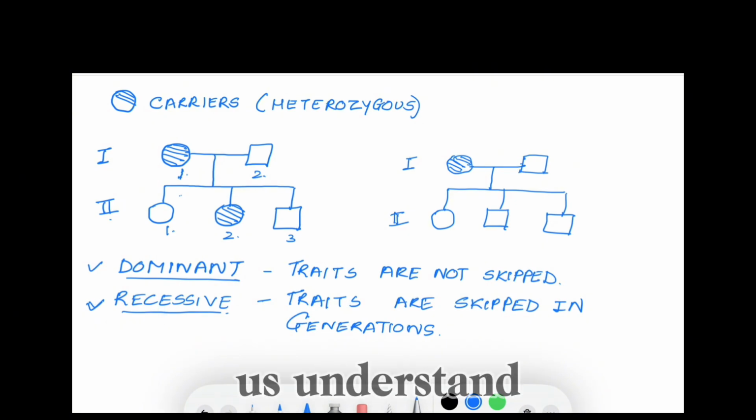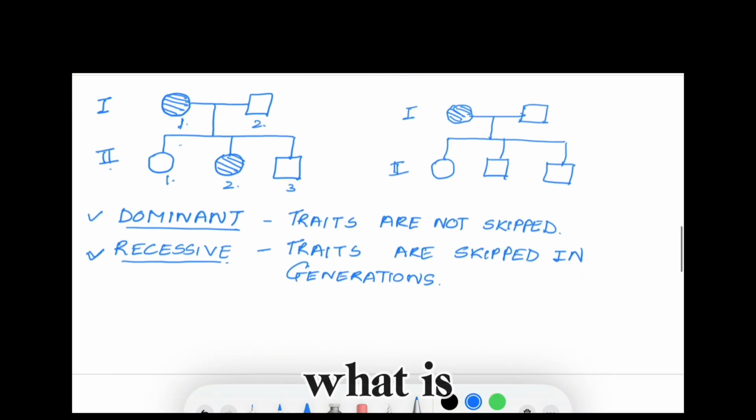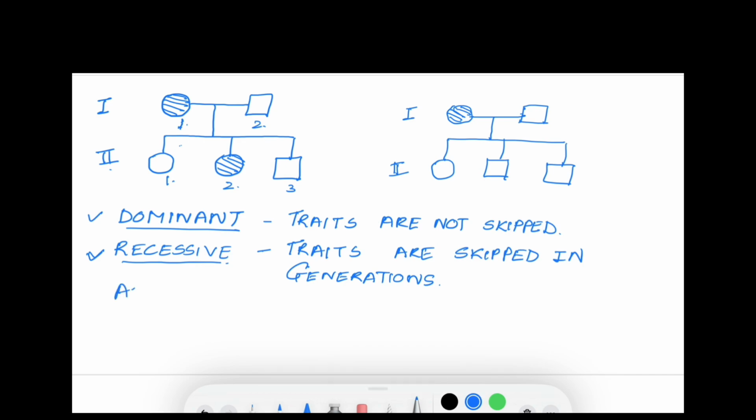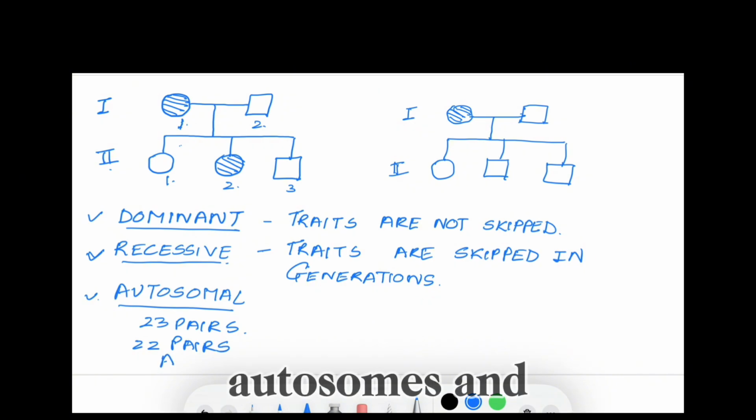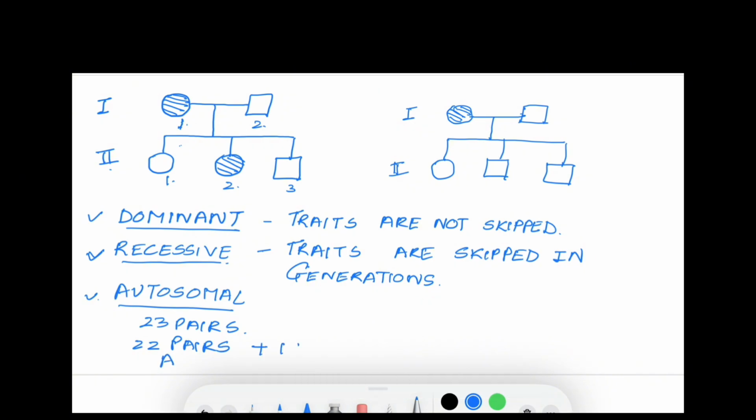Now let us understand what is autosomal. We all know that we have 23 pairs of chromosomes. Out of 23 pairs, 22 pairs are autosomes and 1 pair is the sex chromosome.